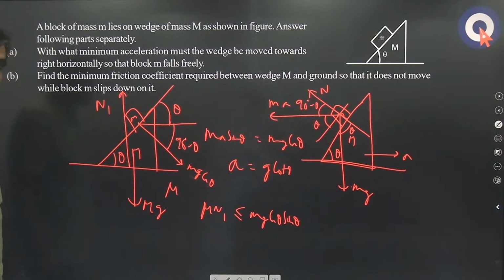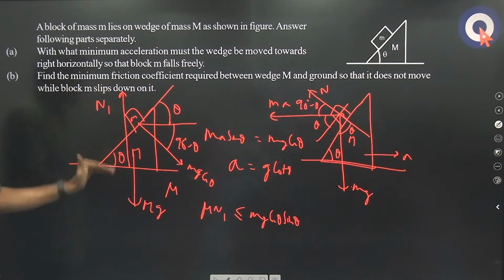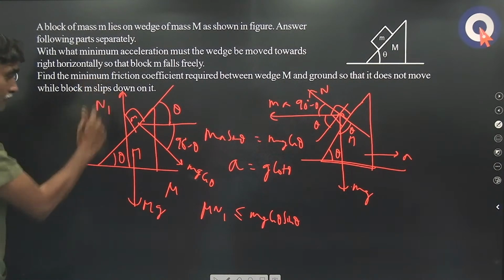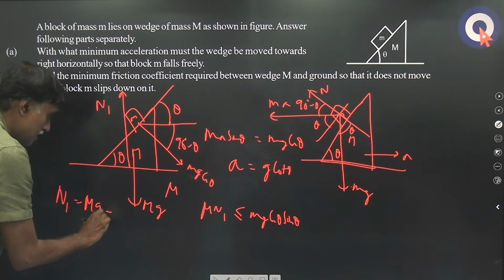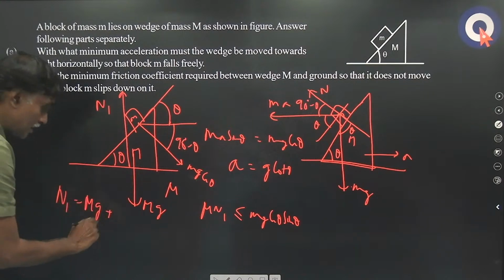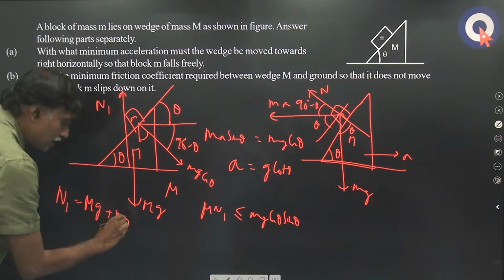But what is N1? We can find the net force on the wedge in this direction should be 0. Anyhow, the wedge cannot move in this direction. So N1 equals capital Mg plus the component of mg in this direction, that is small mg cos square theta.